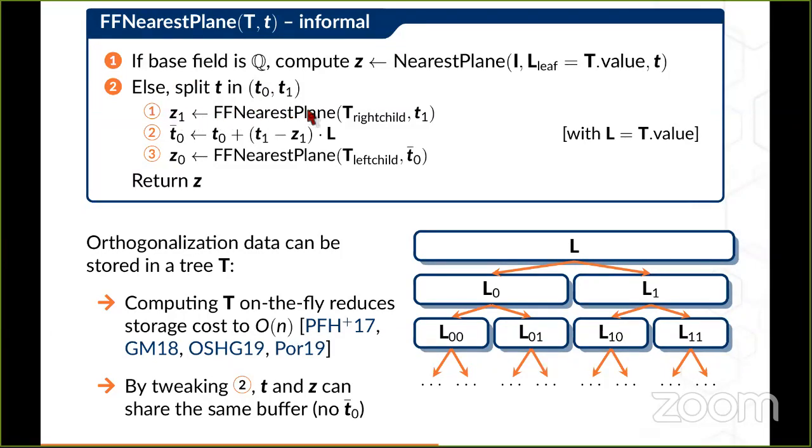First, you apply the fast Fourier nearest plane on T1. Then you use the data L that you have stored during the orthogonalization to adaptively modify T0, in the same way that you do in the regular nearest plane algorithm, and you obtain T0 bar. Then you apply the fast Fourier nearest plane on T0 bar.